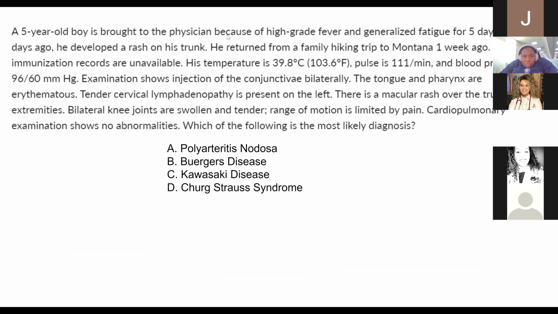All right, let's give this one a shot. I obviously stole this question, but I put my own answer choices here. So give this one a shot.